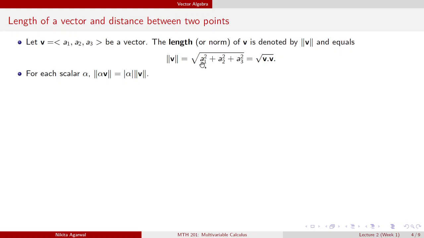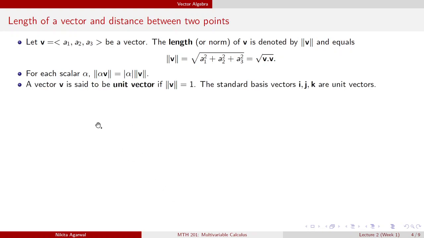So you get alpha square times this sum, right? But when you take square root of alpha square, what you get out is modulus of alpha or absolute value of alpha. Okay.